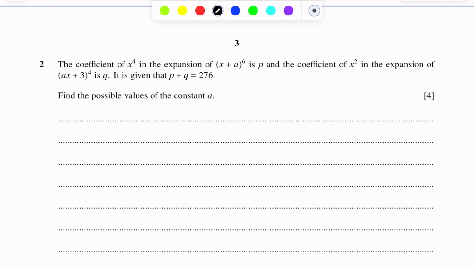This is the question: (x + a) raised to power 6.